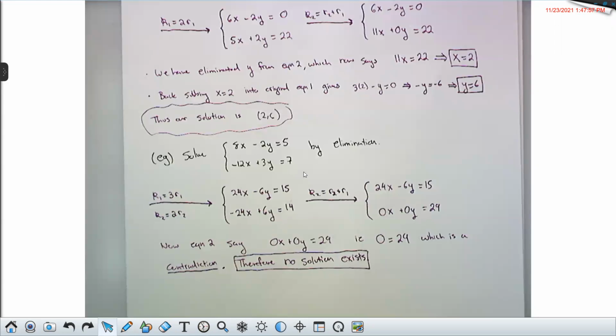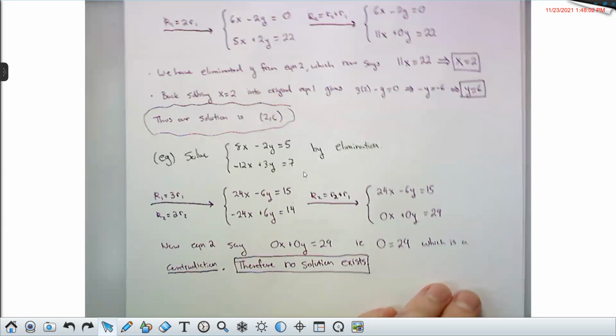The last thing I need to show you is how to handle a system with infinitely many solutions. And then I will let you go. These start off kind of similar to the no solution systems.